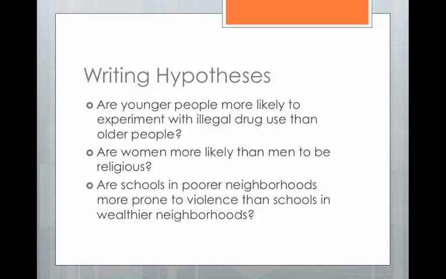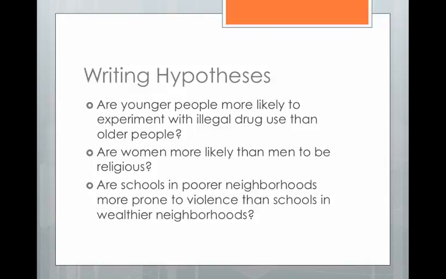So here, the independent variable is going to be age. Age comes before the drug use. And so we're going to say, if you are younger, then you are more likely to experiment with illegal drugs. Now, it doesn't have to be if you are younger. You can switch it around. You could say if you are older, then you are more likely to experiment with illegal drug use.